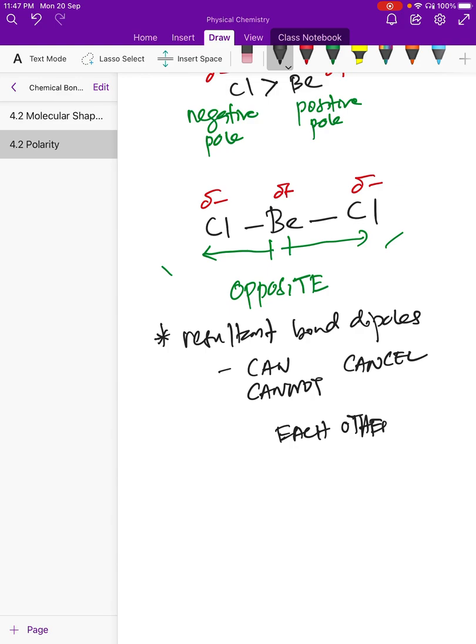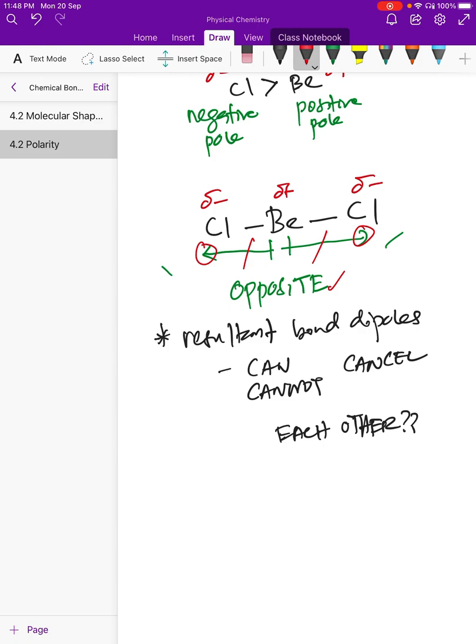That is the question. Okay, the resultant bond dipoles, can they cancel each other or cannot cancel each other? In the case of beryllium chloride, as students can see, one is moving to the right, one is moving to the left. They are moving in opposite direction and they can be cancelled each other because moving in opposite direction.